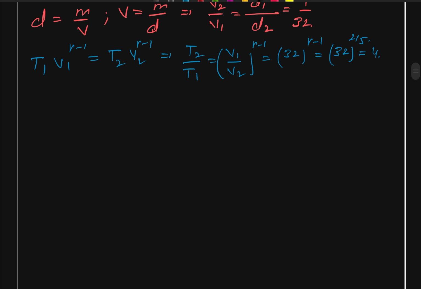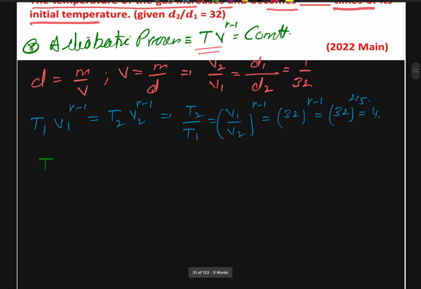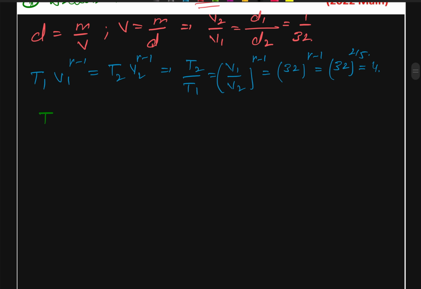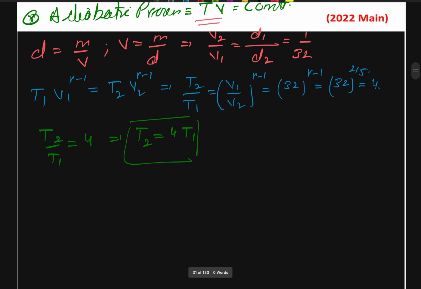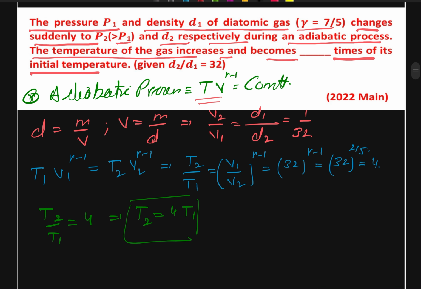So we get that T2 upon T1 is equal to 4, or we can say our T2 is equal to 4 times T1. So final temperature is 4 times the initial temperature.